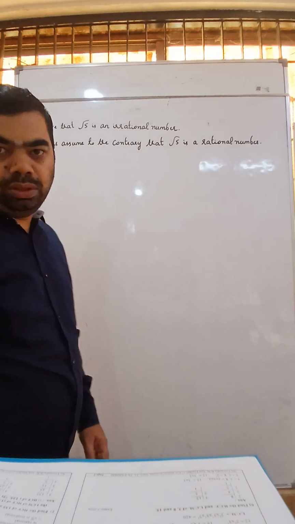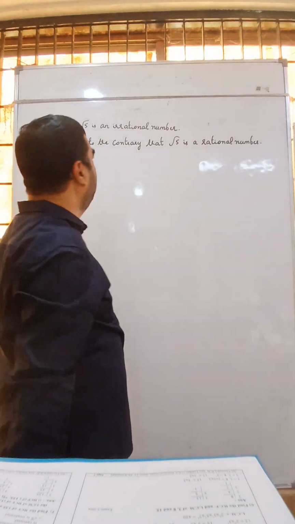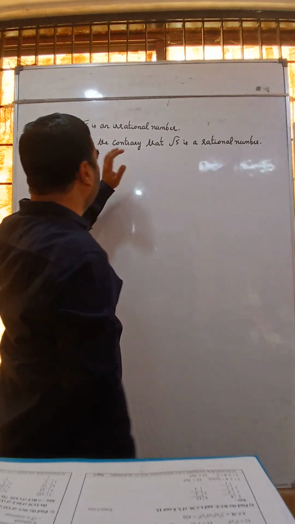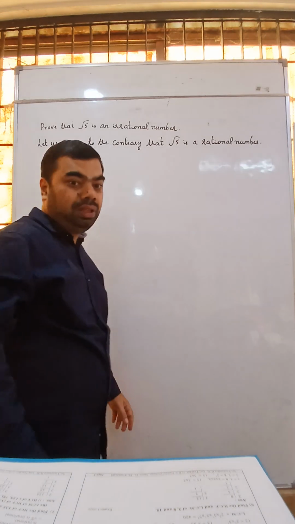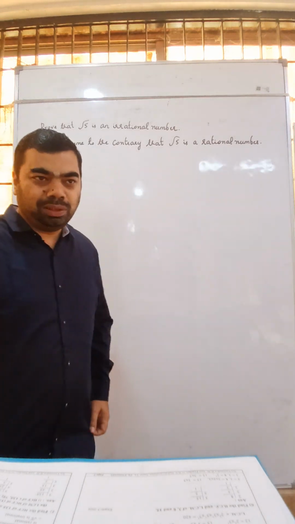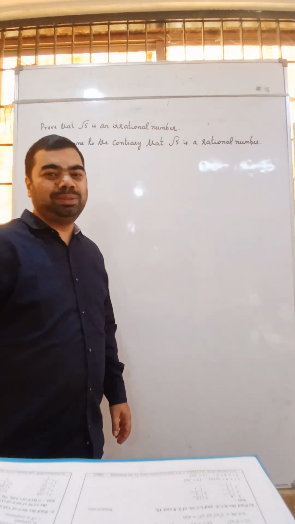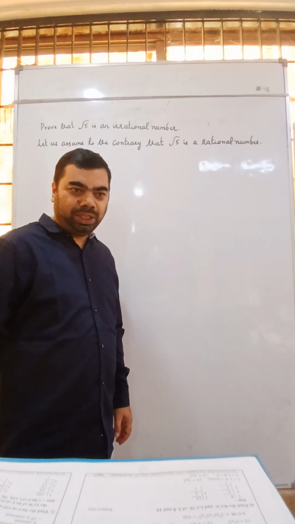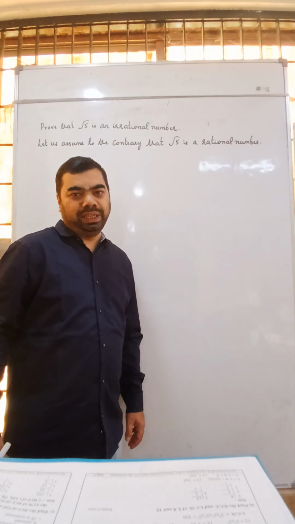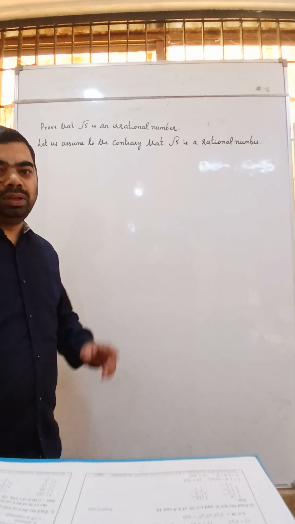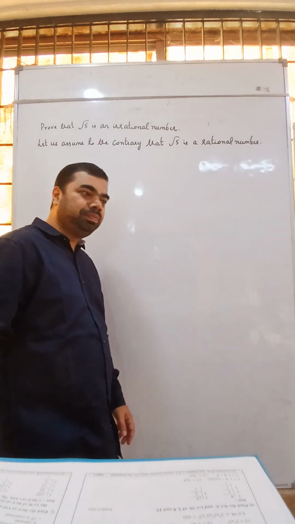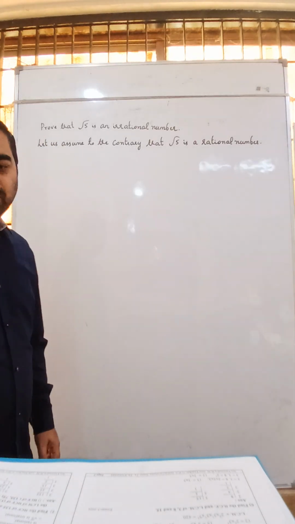Okay, so if we assume to the contrary that root 5 is a rational number, and we know the definition of rational number. So a rational number is a number which can be expressed in the form p by q, where p and q are integers and q is not equal to 0, and p and q are co-prime numbers.